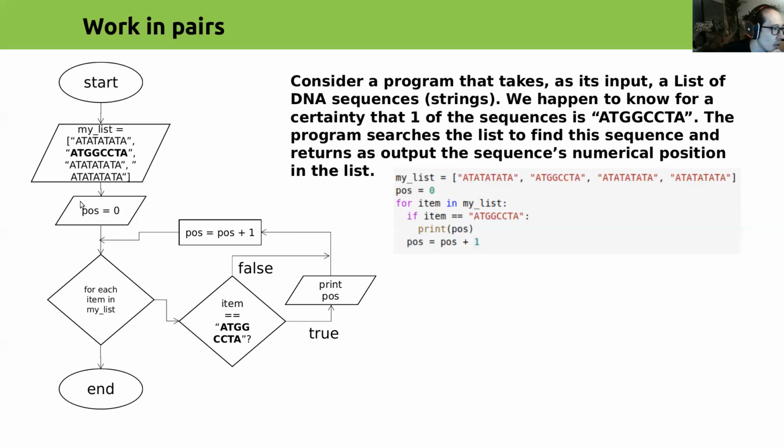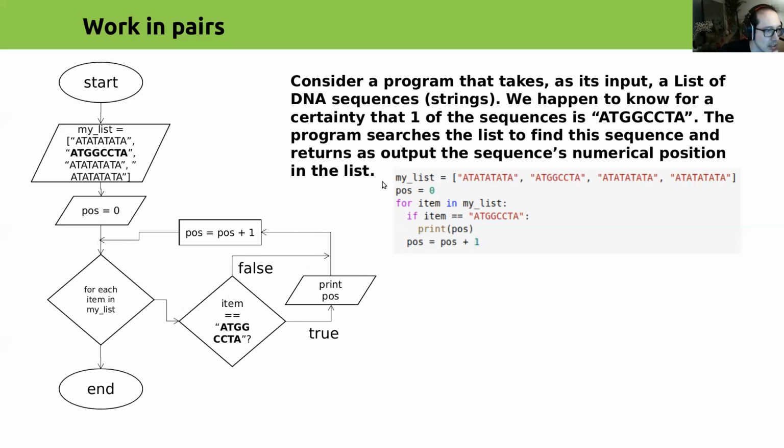So here we create a variable called pos for position equals 0, and on the first time through the loop, it's 0, but at the end of the loop, regardless of what happens in this conditional statement, we increment it up by 1. And then the next time going through the loop, pos is equal to 1. So every time we're checking a new sequence, we have a new position corresponding to it. So then we're able to print it out.